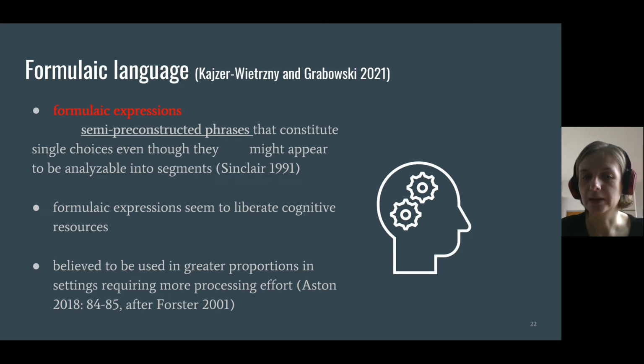You don't have to think about it that much. It's automatic. And so it's believed that formulaic expressions are used in greater proportion in those situations which are more difficult, so require more processing effort, like, for instance, simultaneous interpreting or speaking a foreign language.